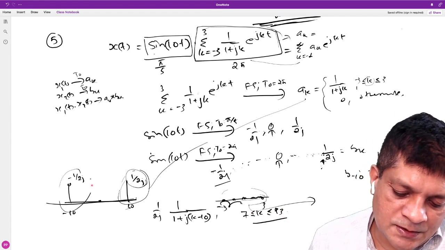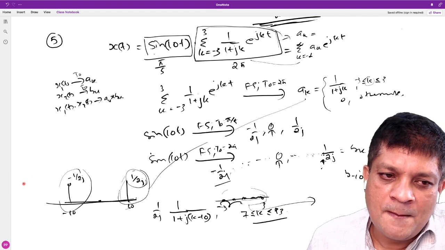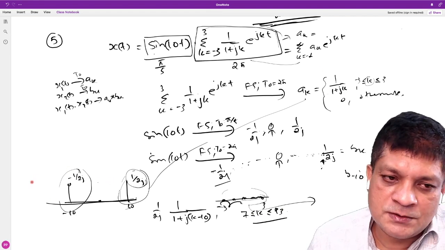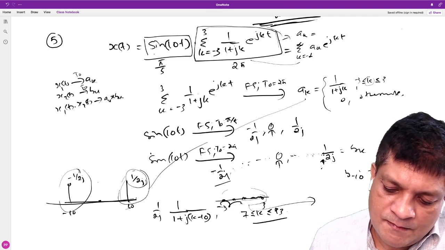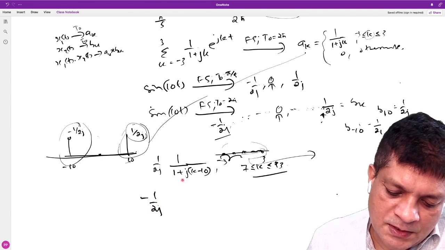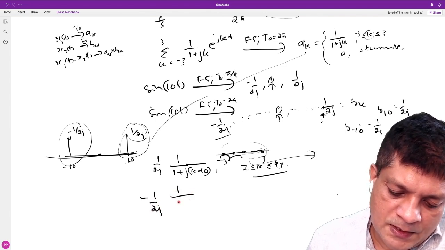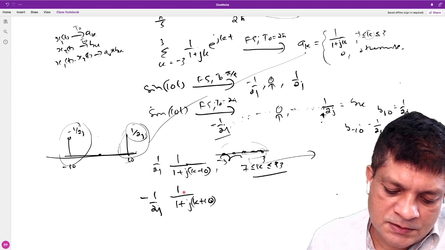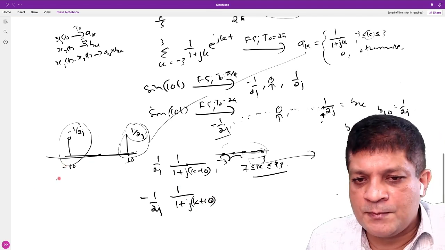Now what happens if you convolve this sequence with the other shifted impulse? It will be replaced by k plus 10. So it is minus 1 by 2j times 1 by 1 plus j(k plus 10), because it is a left shift.